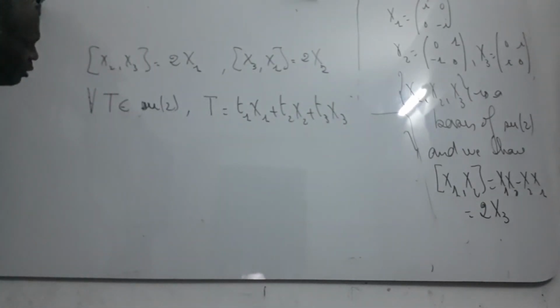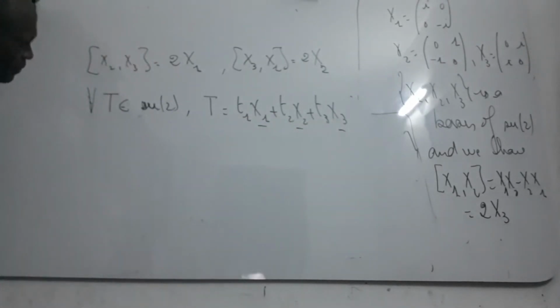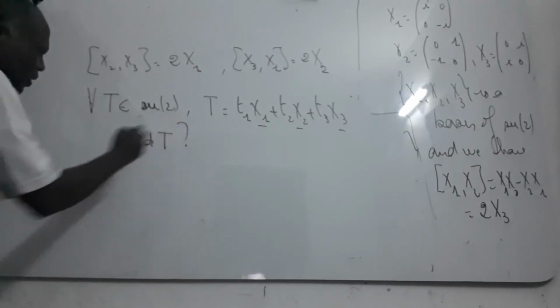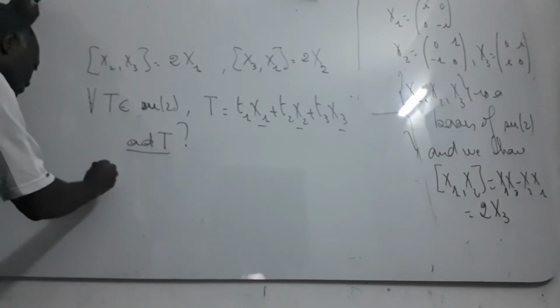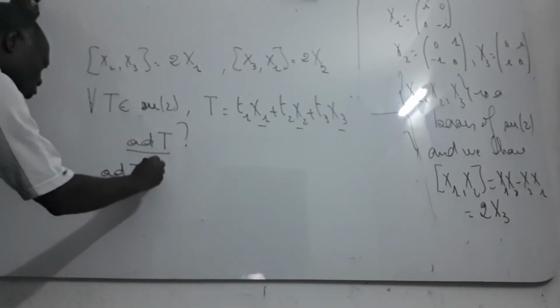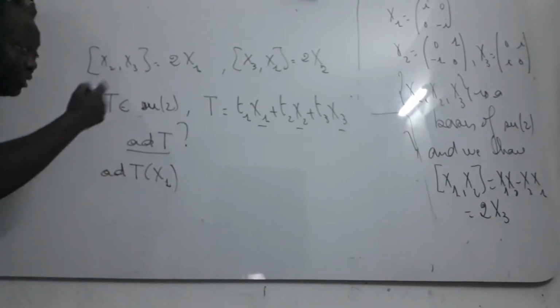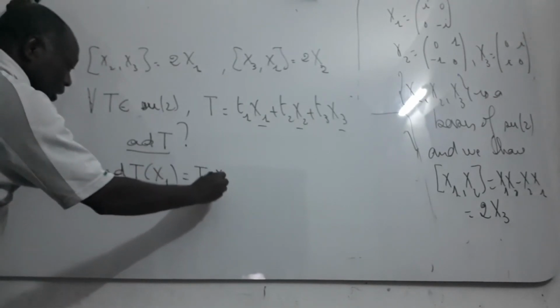That is because here S1, S2, S3 is the basis of your Lie algebra. We try to compute the adjoint of T. If we compute the adjoint of T, we compute it for any element of the basis of your Lie algebra.